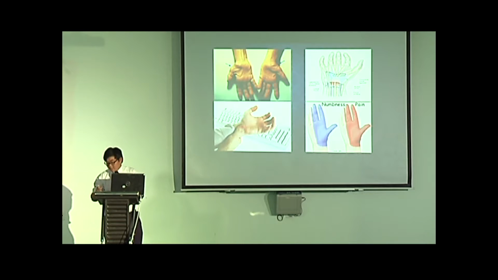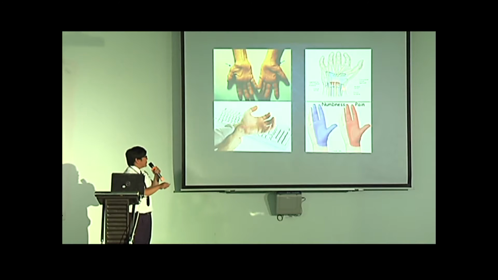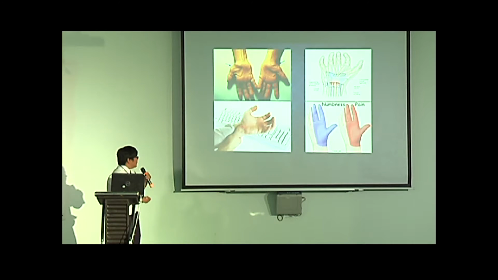As you can see, right here is where the median nerve is compressed, so the 3.5 fingers that the median nerve controls will be affected, and this will cause numbness and even pain in them.